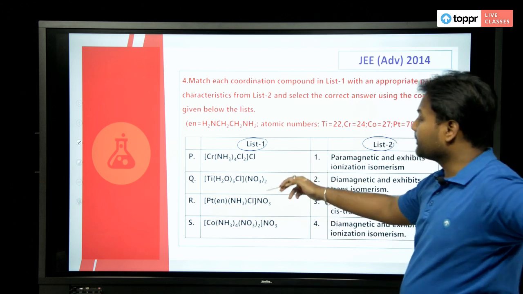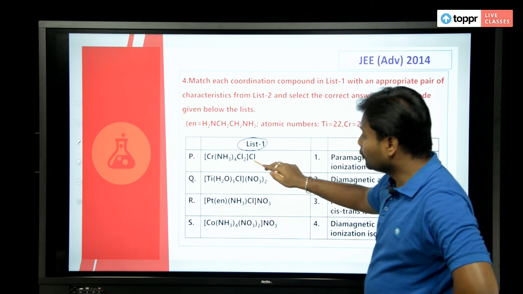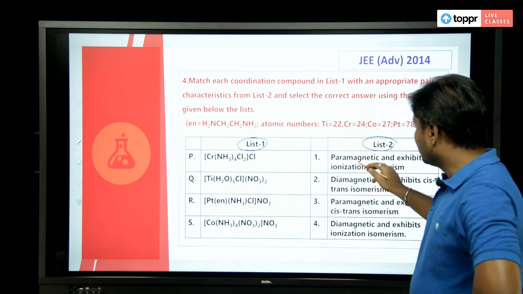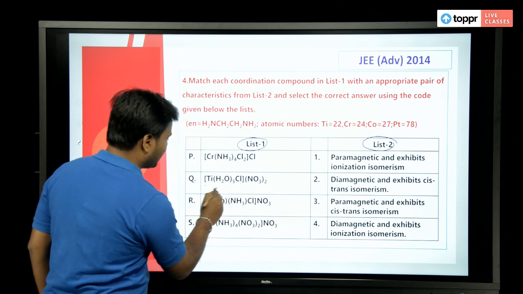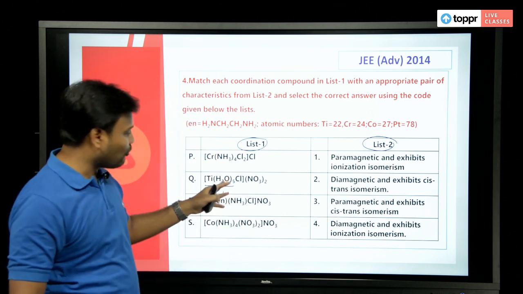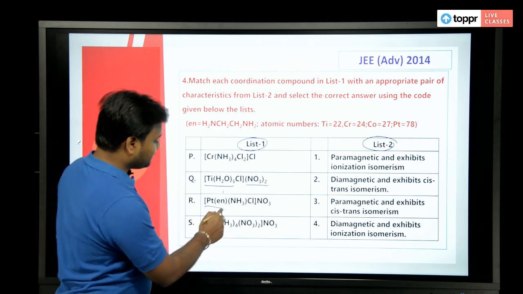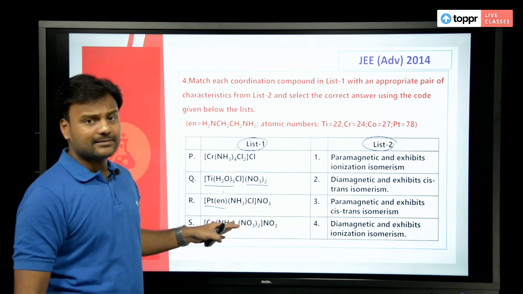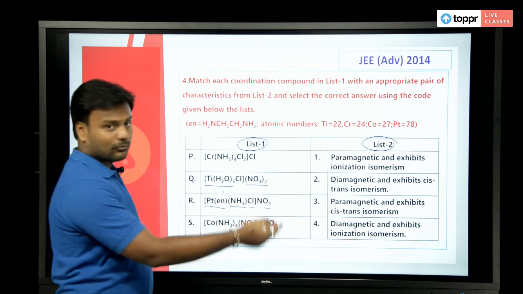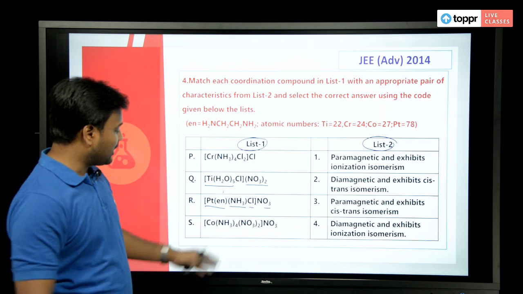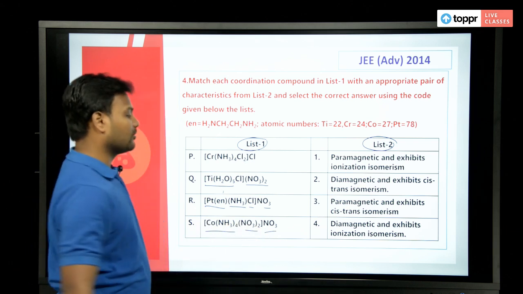The first one, chromium, you have NH3 4 Cl2 Cl. Then titanium, you have 5 aqua, then chlorine and NO3. Platinum, you have en, which is ethylene diamine, again ammonia, chlorine and NO3 group. Here also you have cobalt, NH3, NO3 2 and NO3 outside.